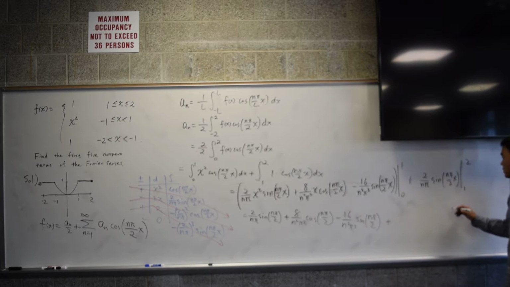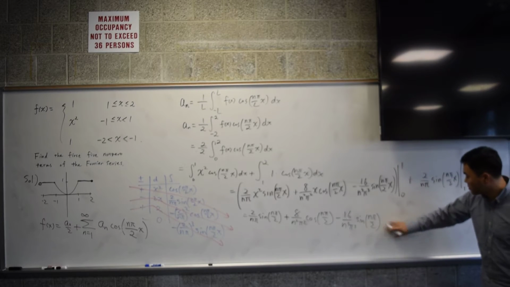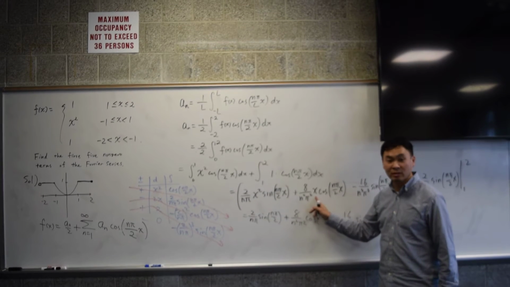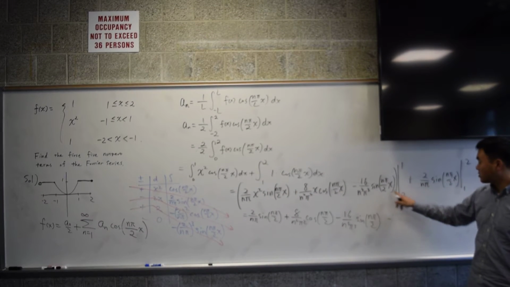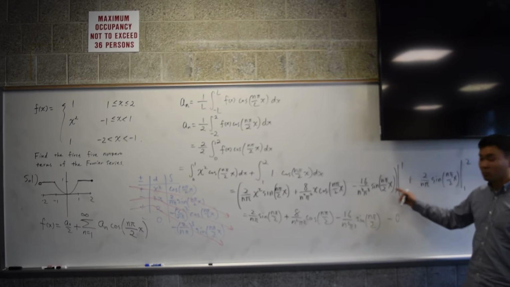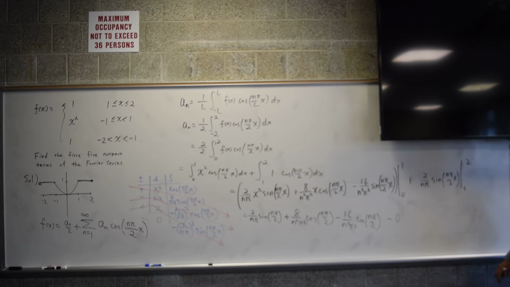what's this? This is when you, oh, no. I forgot to plug in 0, right? If I plug in 0, anything that has x in there will be 0. And sine of 0 is 0. Oh, so when you plug in 0, nothing happens. So this is minus 0. For this one, when I plug in 2, what do I get? Sine n pi. When you plug in 2, 2 and 2 cancel, and you get sine n pi.